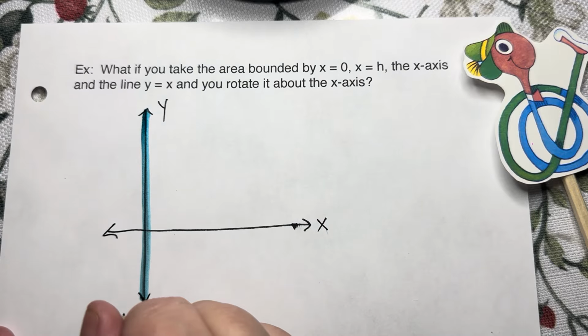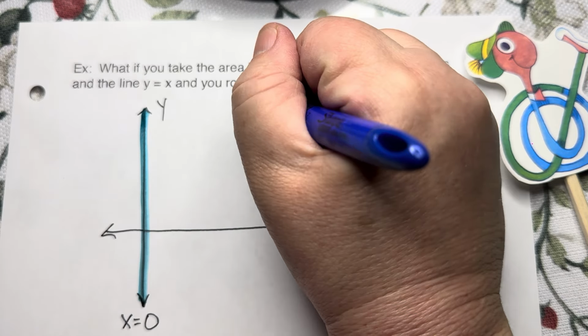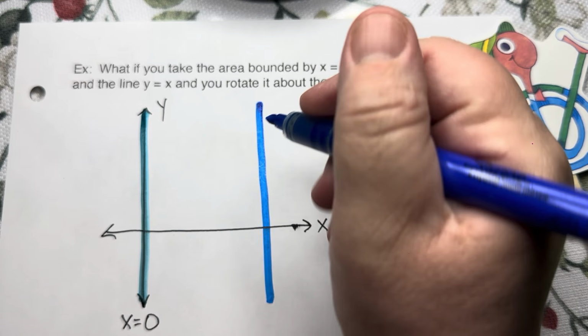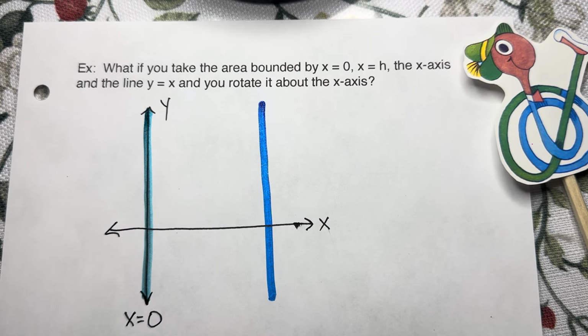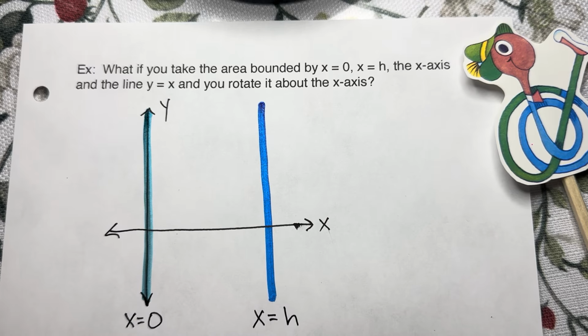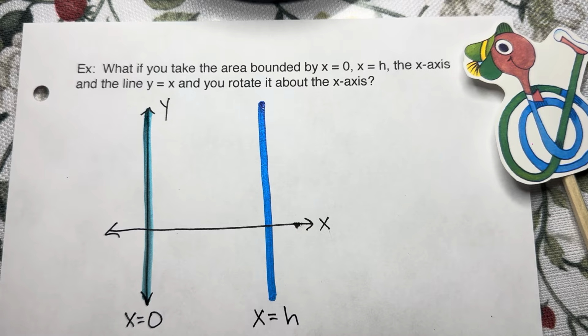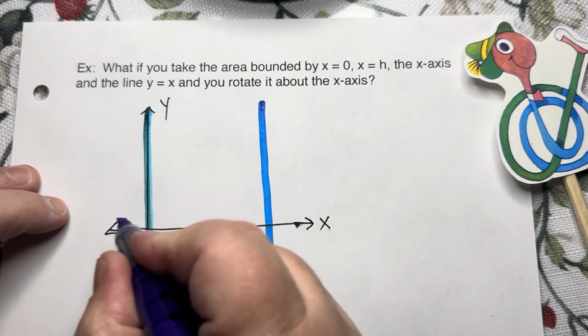Trying to trick us, can't trick us. x equals h, okay. We did that one before too. Easy peasy, it's right here. The x-axis, that one was in purple.